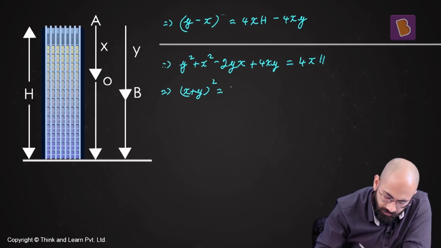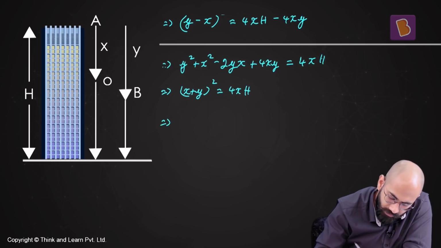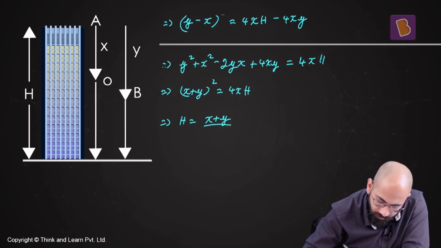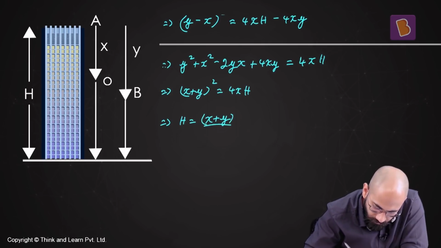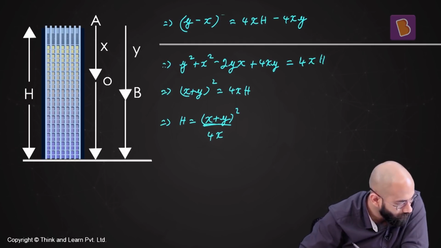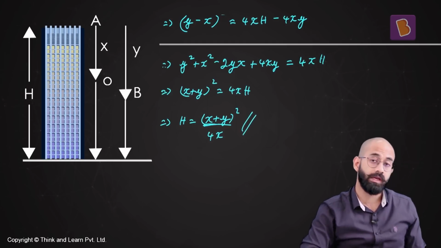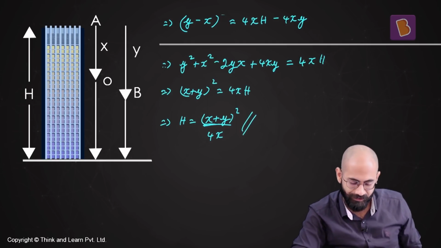If you write this, you get h equals x plus y squared by 4x. And we see that that matches with option A, which means that option A is the correct answer.